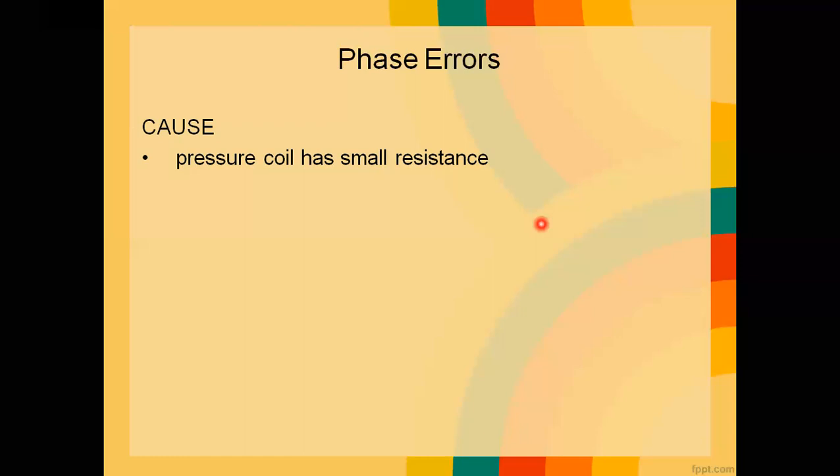But the pressure coil has some small resistance, and of course it has a very good amount of inductance, because of which the flux produced by the pressure coil may not be in exact quadrature with the voltage across the pressure coil. That is the reason.